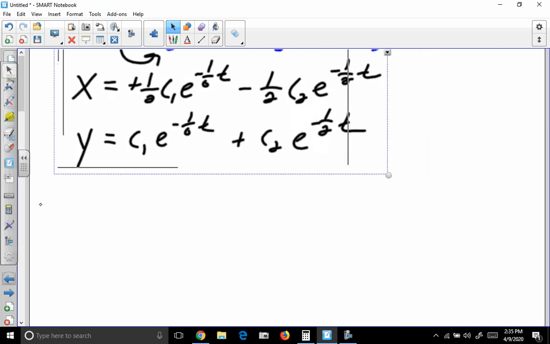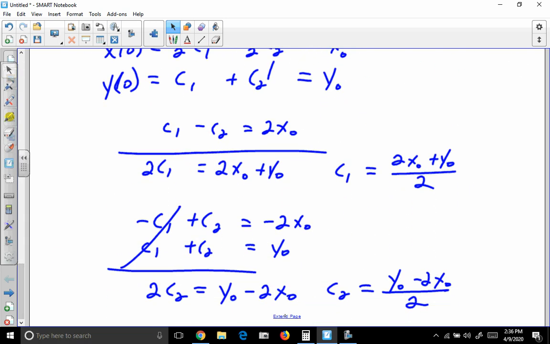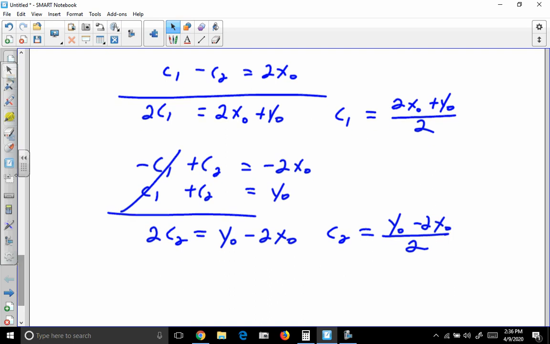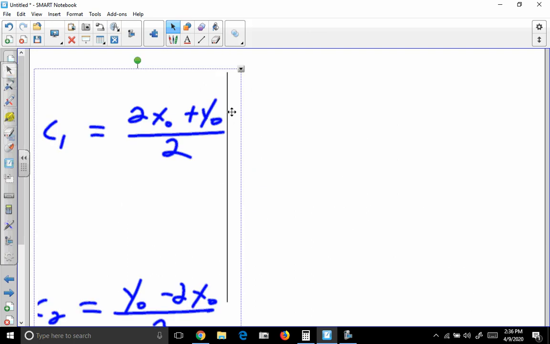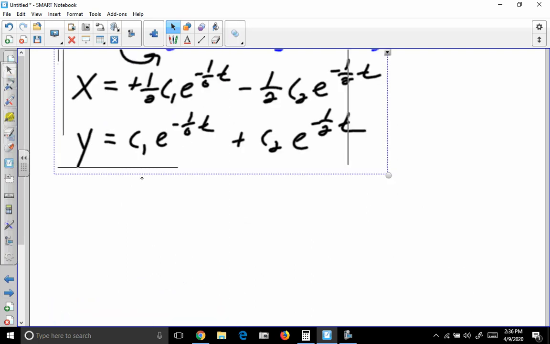And let's go back and copy C2. Put that on this page.